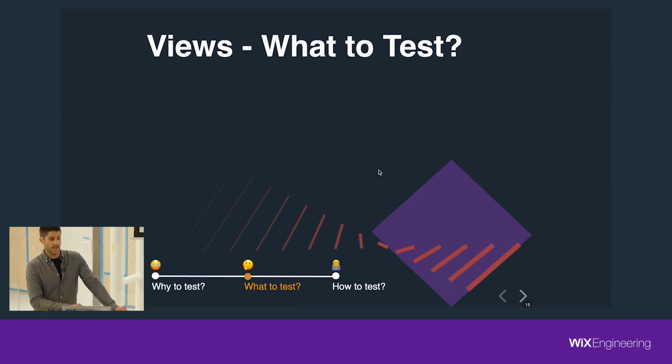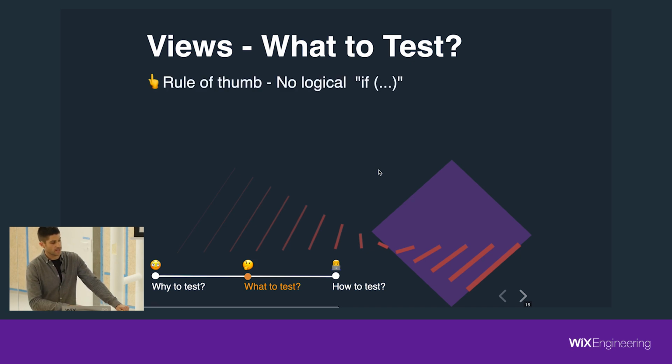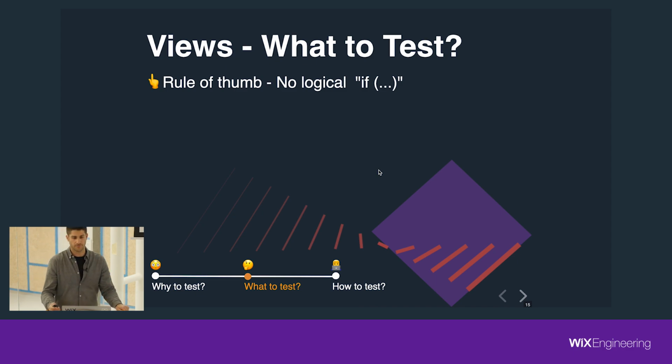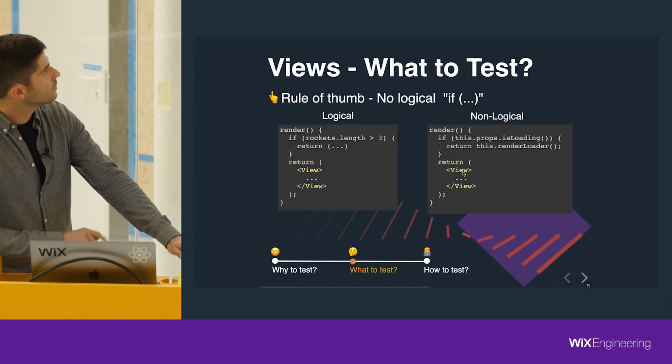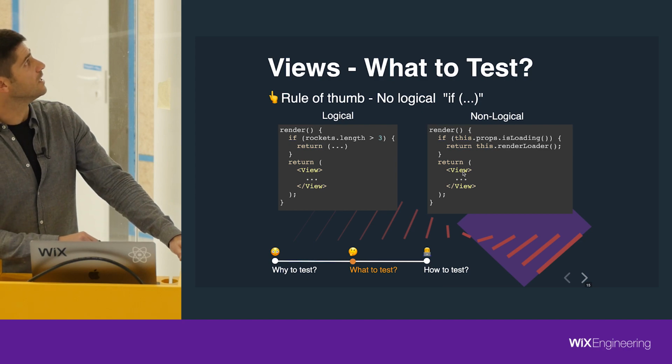So what to test in views? As I mentioned, I don't test it, and I kind of invented a rule of thumb: I have no logical if. Let me explain what a logical if is. The left one is a logical if.